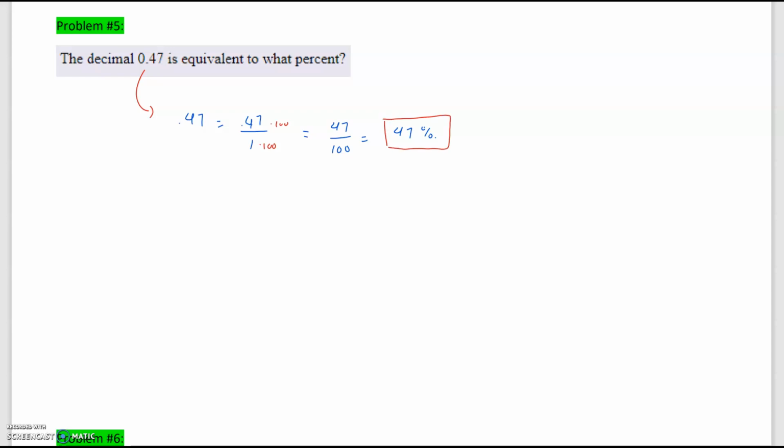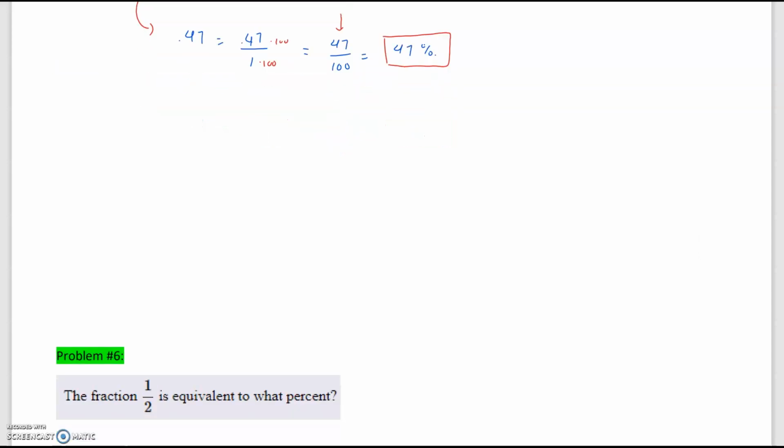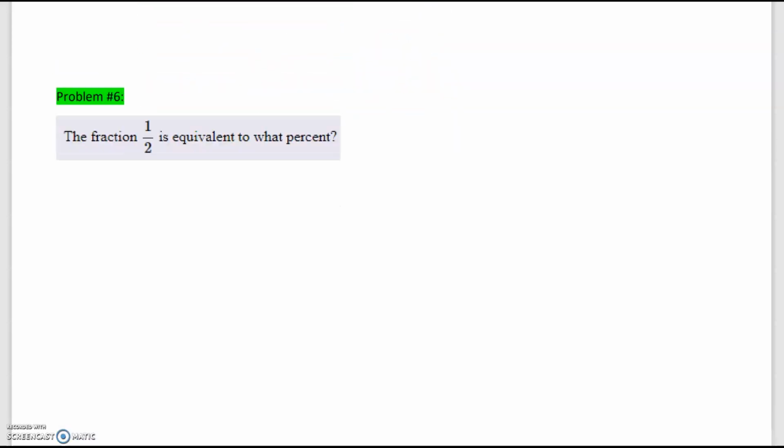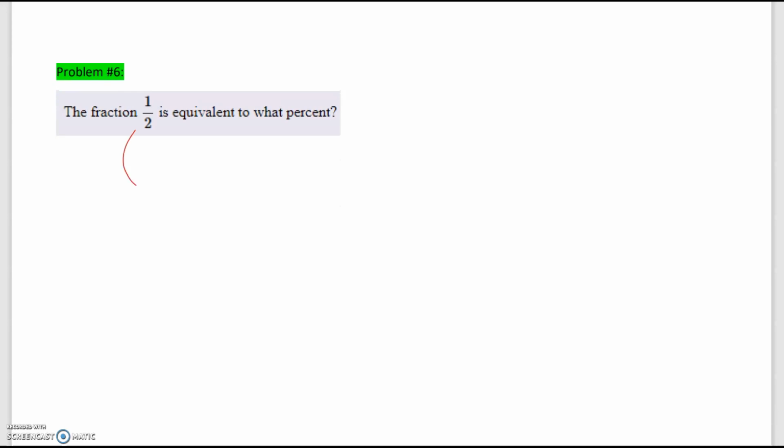And in this case, this is what we're looking for. You could just go directly from 0.47 to 47%, but if you're showing work, this is what is expected.